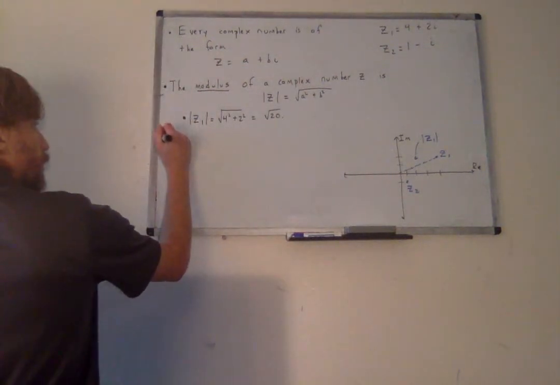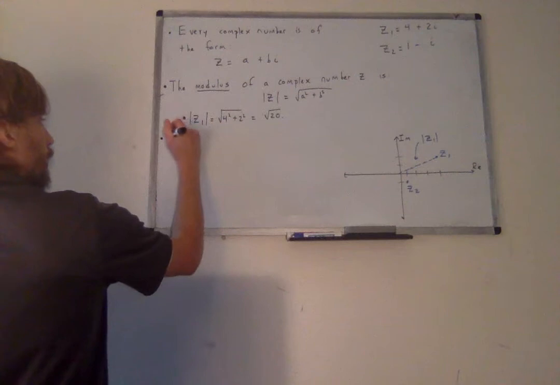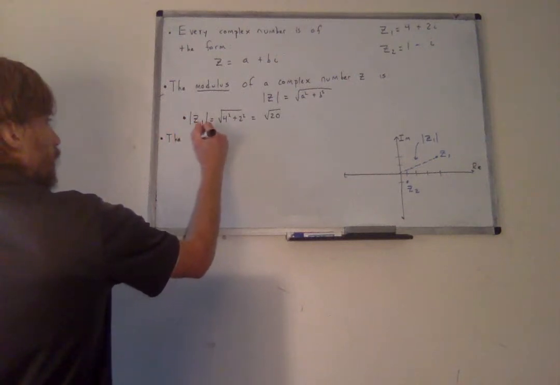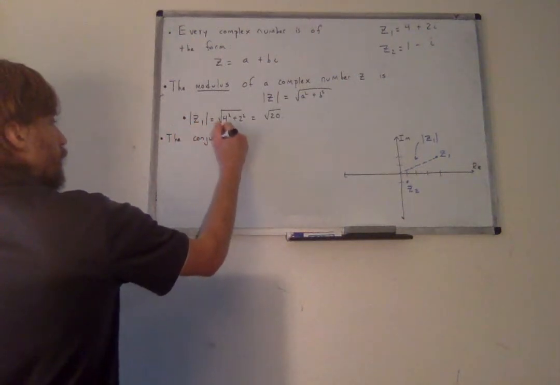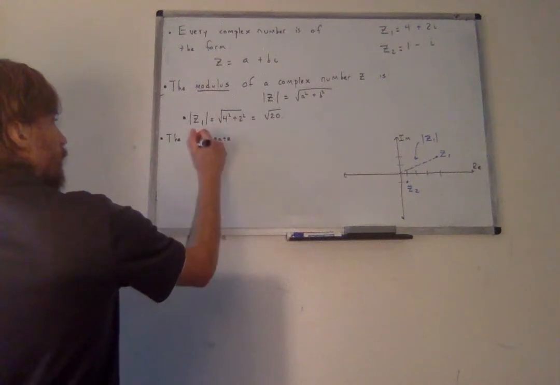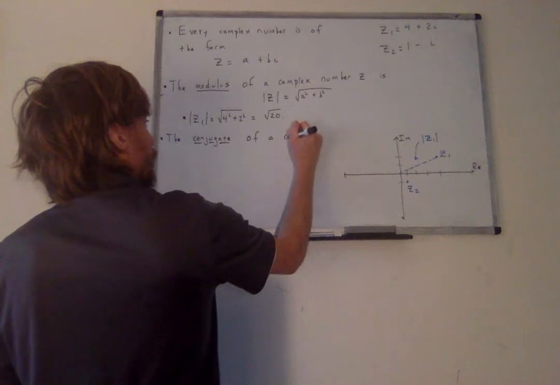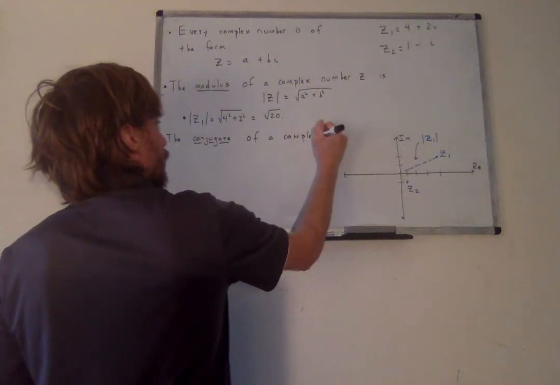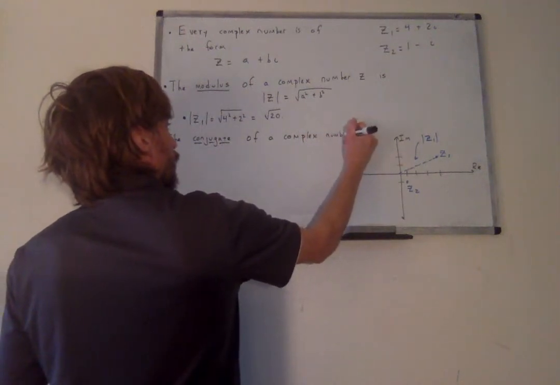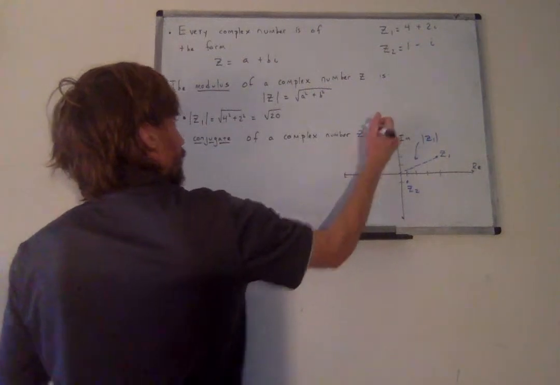Now maybe the one that will be more important immediately, the conjugate of a complex number z.